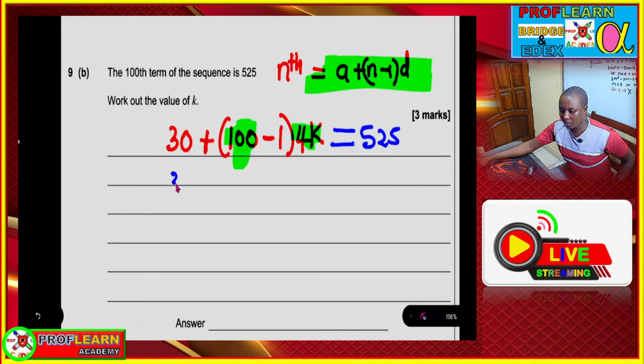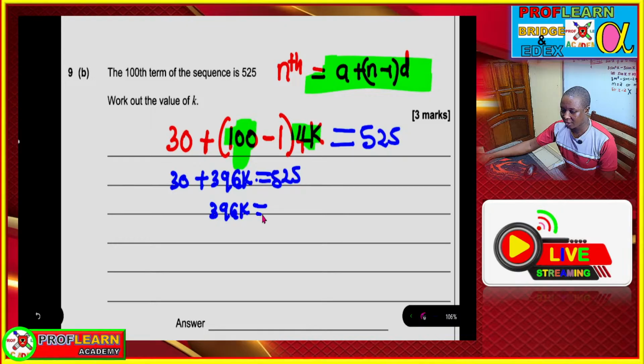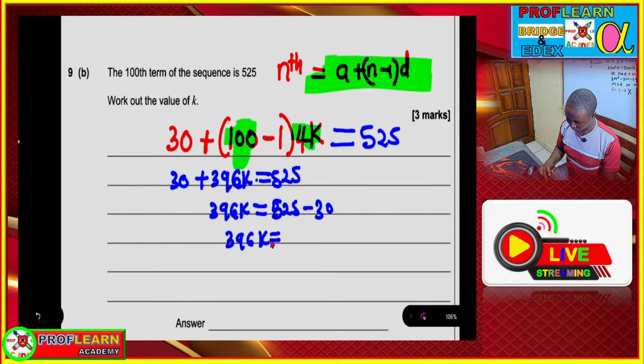If we open the bracket, we shall have 30 plus 99 times 4k. 99 times 4 translates to 396, so 396k equals 525 minus 30, which is 495.